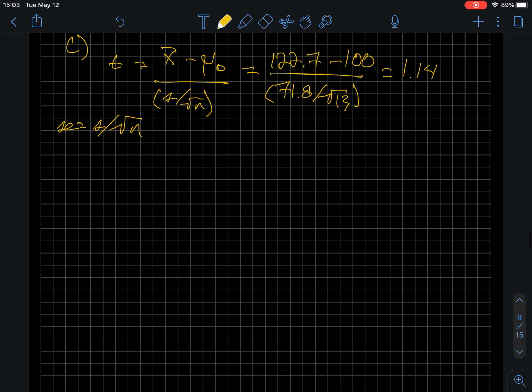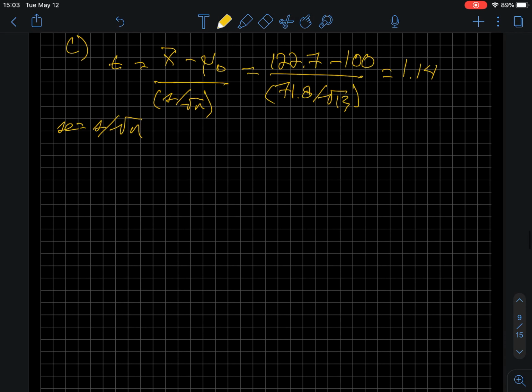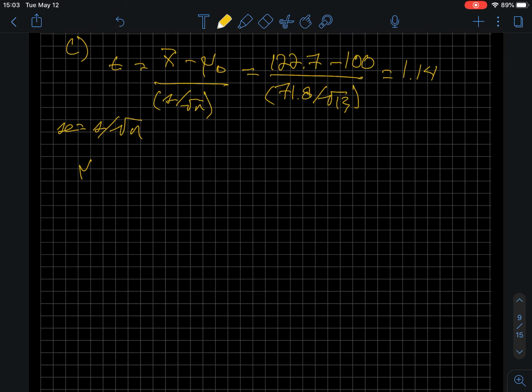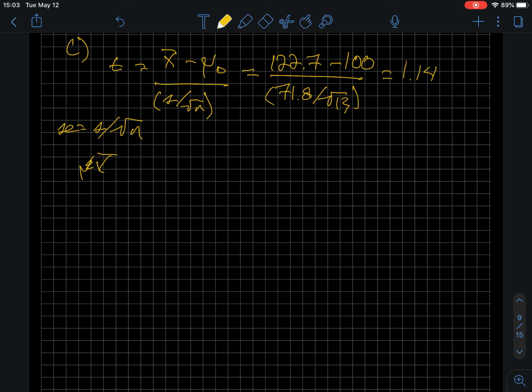Another way of saying this is that the sample mean, x bar, is 1.14 standard errors away from the null.